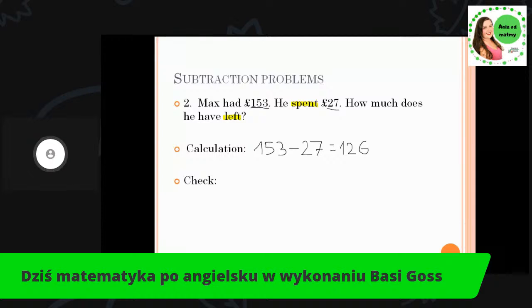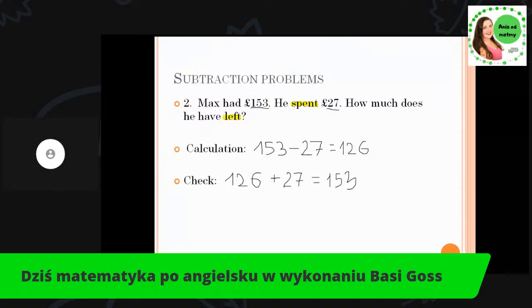Okay, let's go to the check first. Bartek, you're doing really well. Can you write calculation, check and answer and use 3 steps, please? Thank you. For the check, to check subtraction, we use addition, and we have 126 plus 27. Sorry for my writing, I'm not very good writing with the mouse. Write in comments and type 153.